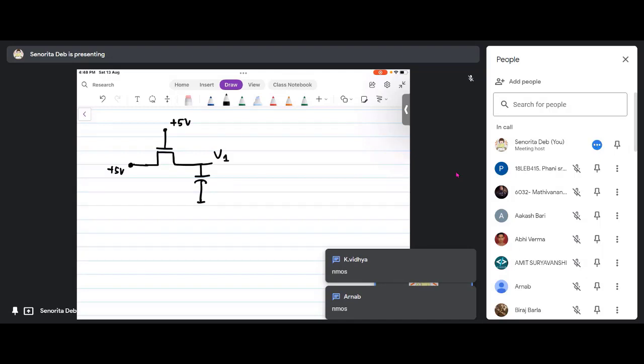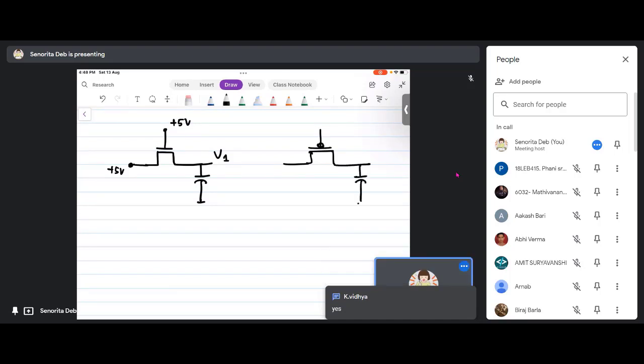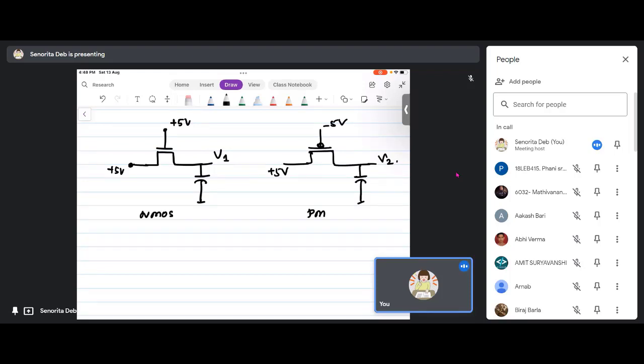From its symbol. Yeah, the bubble is not there. Right, so this one is the NMOS, and this one is the PMOS, right? You understood from the symbol.